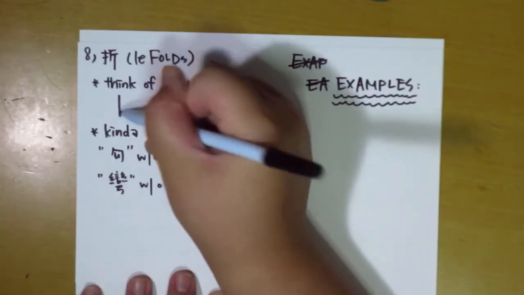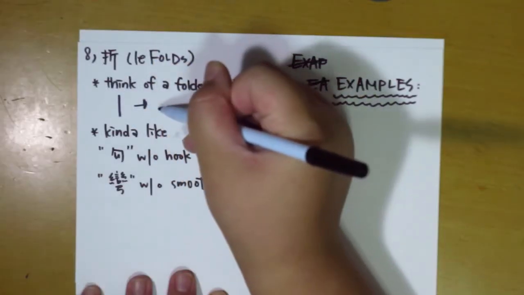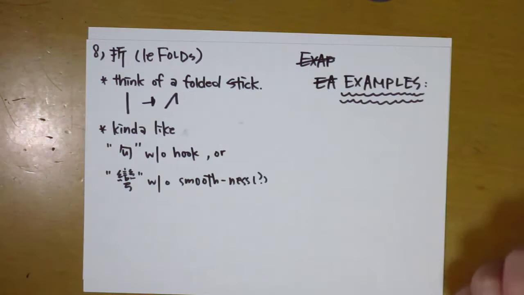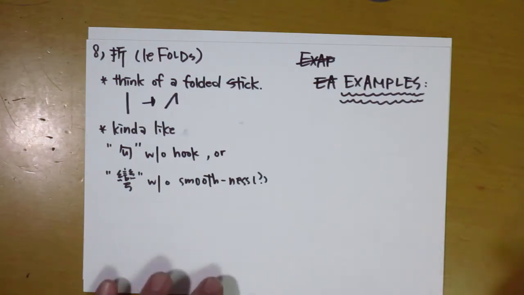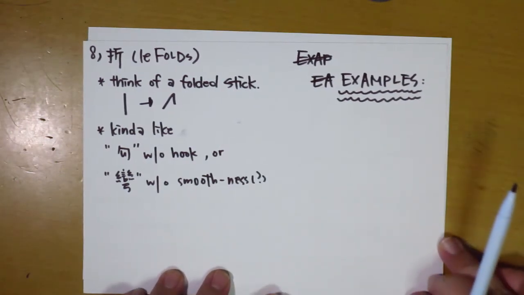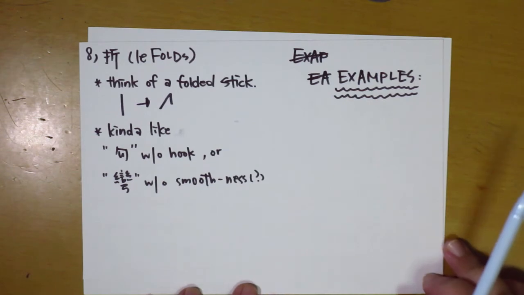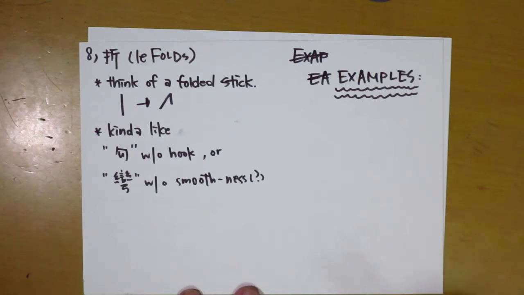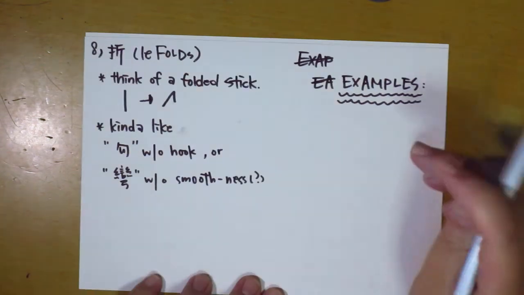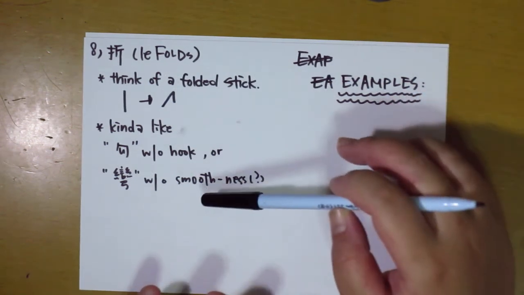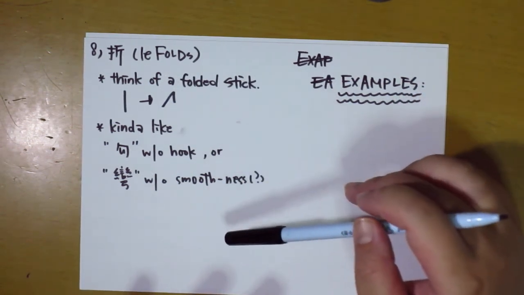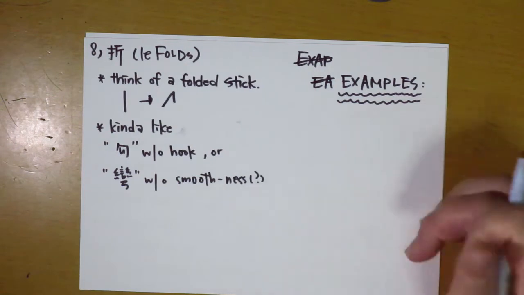You know, like this, and then it becomes something like this. Kinda looks like a hook without the hook, or curves without the smooth turns. This one is, I guess, one of the mostly used one.